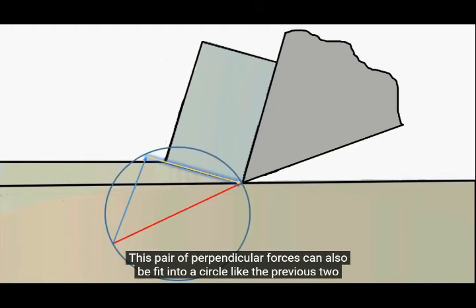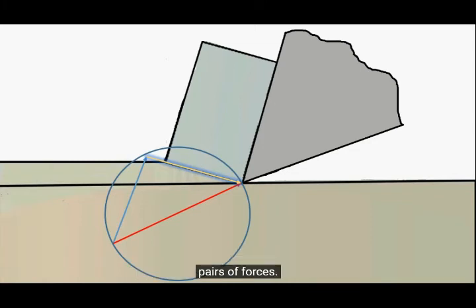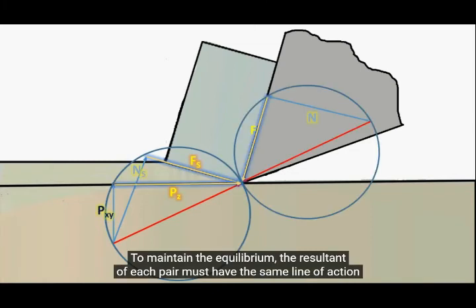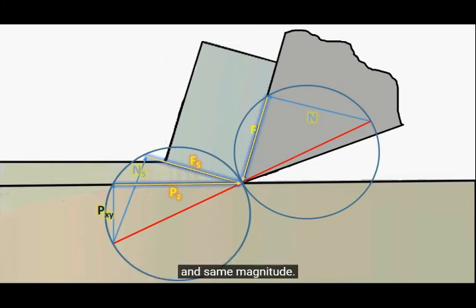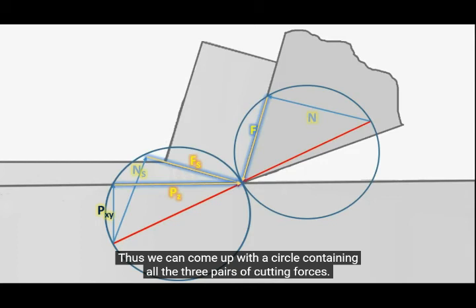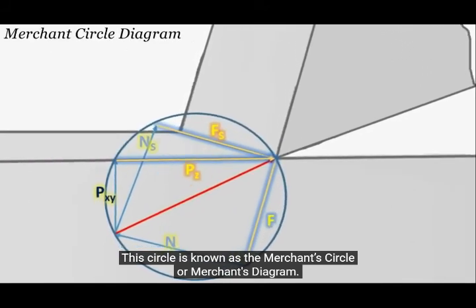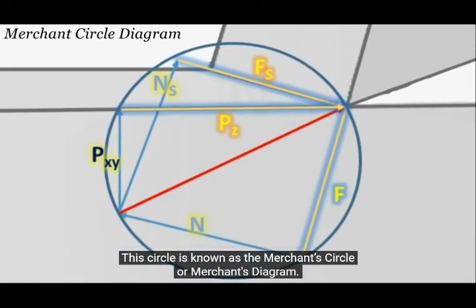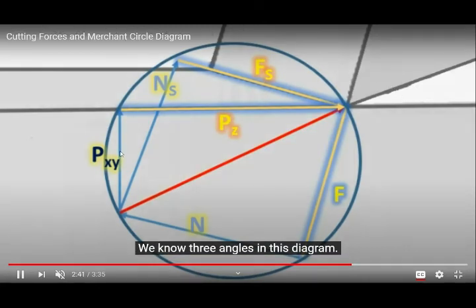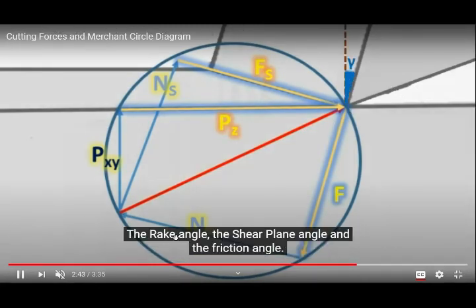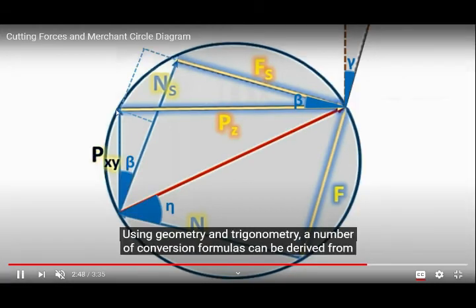The perpendicular forces can also be fit into the circle: Px and Ns, Fs, Pz, F and N, the same in magnitude. In the Merchant circle diagram, first draw it this way, then join one triangle.